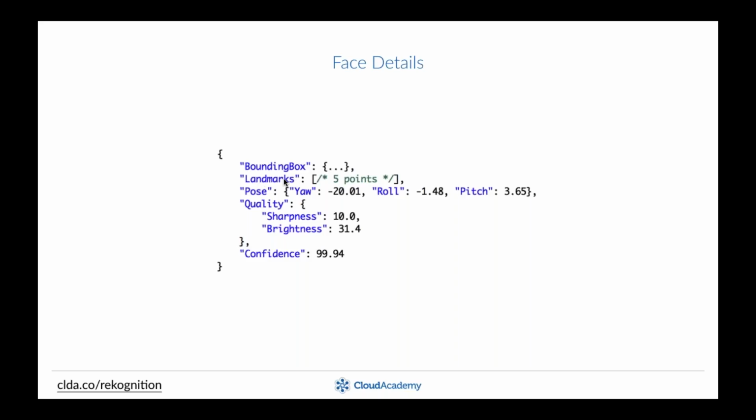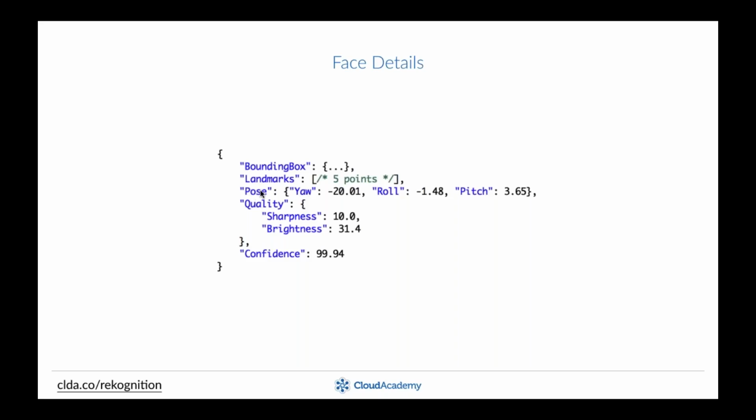And then you will get a few points, again, X and Y coordinates of the landmarks. So in the basic version, you only get 5 points, 2 for the eyes, 2 for the mouth, and 1 for the nose. That's basically the center of the face.